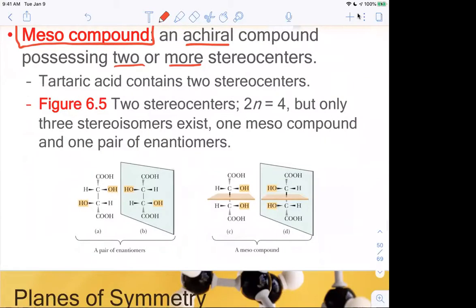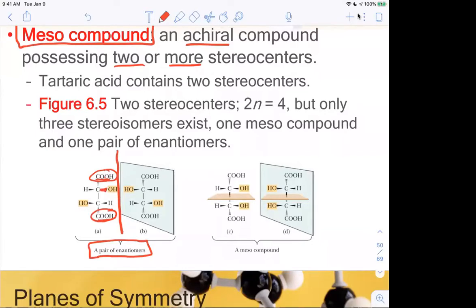So let's look at this. Here's my original pair of enantiomers for this compound. But notice on top and on bottom, I have the same groups. I have a carboxylic acid here, a carboxylic acid. Well, I draw the mirror image.